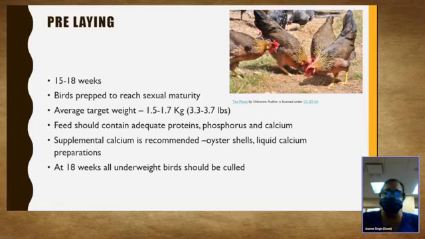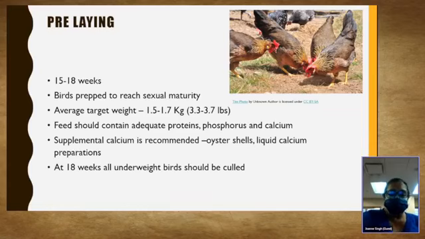And your feed should contain adequate proteins, phosphorus, calcium. Supplemental calcium is recommended at this point. Because remember, calcium is needed for the shell of the eggs. Oyster shells, liquid calcium preparations, all those things are available. You can get more advice on those supplements from the PSU as well when you are ready to organize yourself.